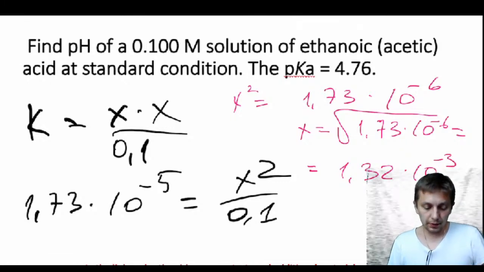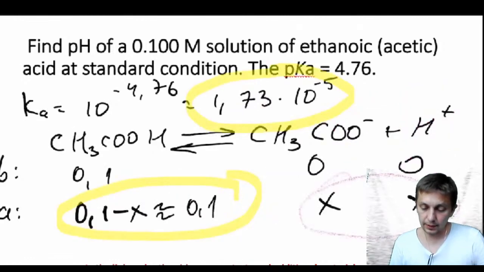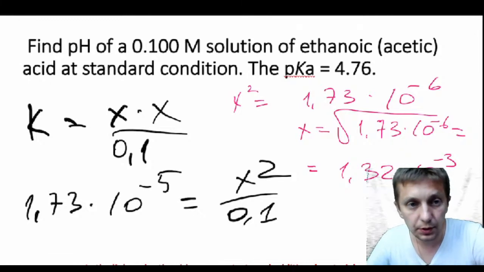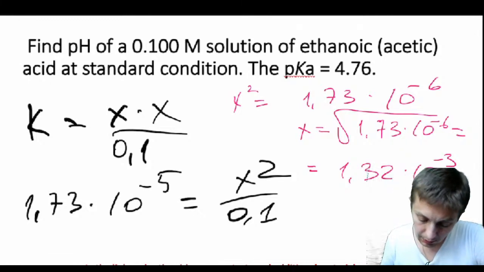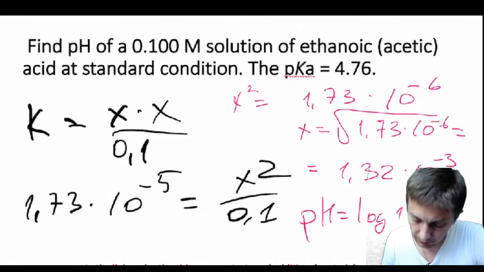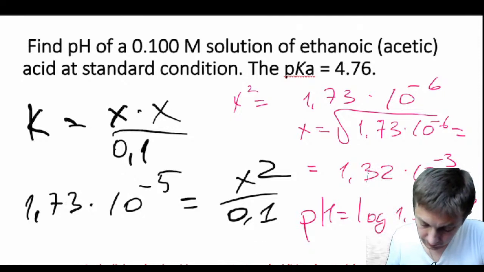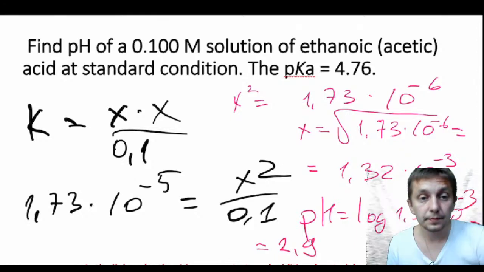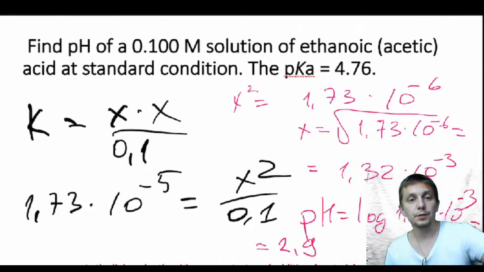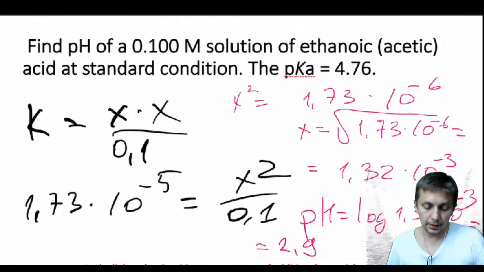And we're very close to pH. We found the concentration of H plus. According to the definition, pH is minus log 10 of H plus, and it will be 2.9. It's our pH.